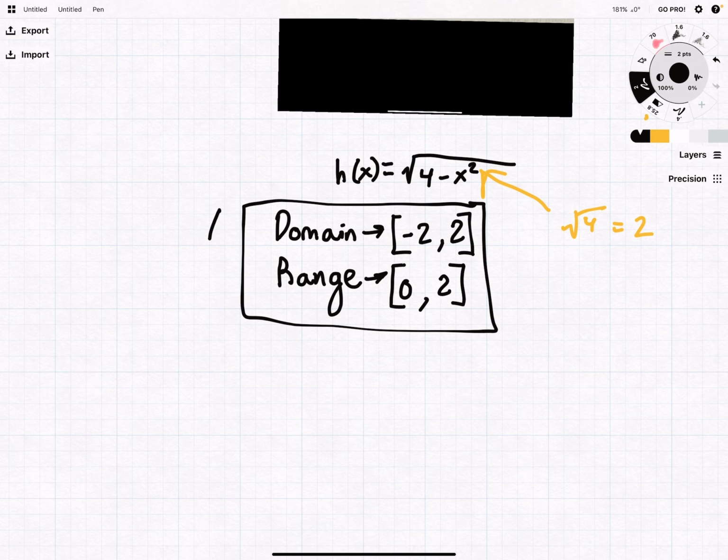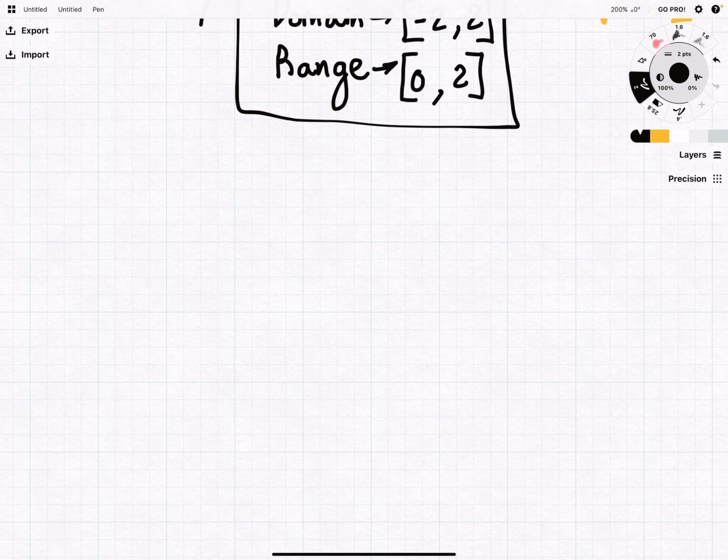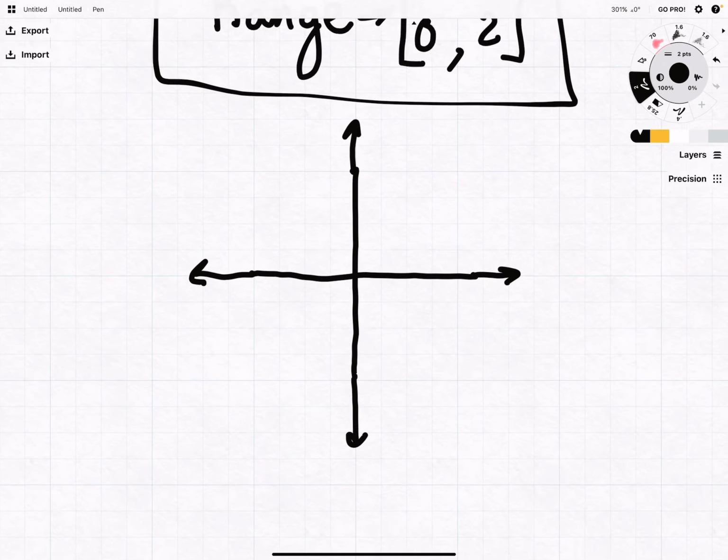The second half is to sketch the graph. So let's go ahead and sketch it. And luckily, there is graph paper built into here, so that should make the points pretty simple. And even better, it looks like it's four small squares per big square.